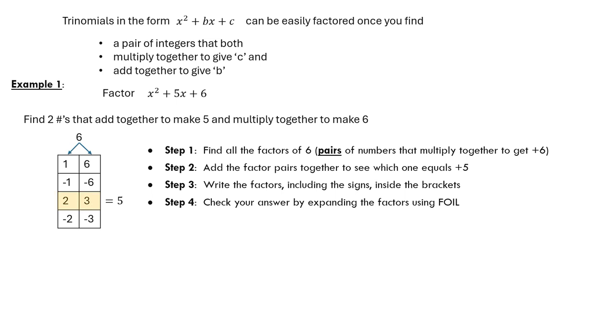In this case, 2 times 3 equals 6, and 2 plus 3 equals 5. So those two numbers multiply together to be 6 and add up together to be 5. These are the pair of numbers that we're interested in.